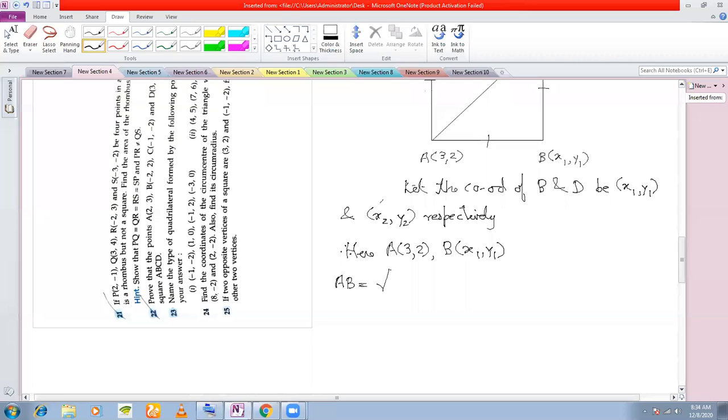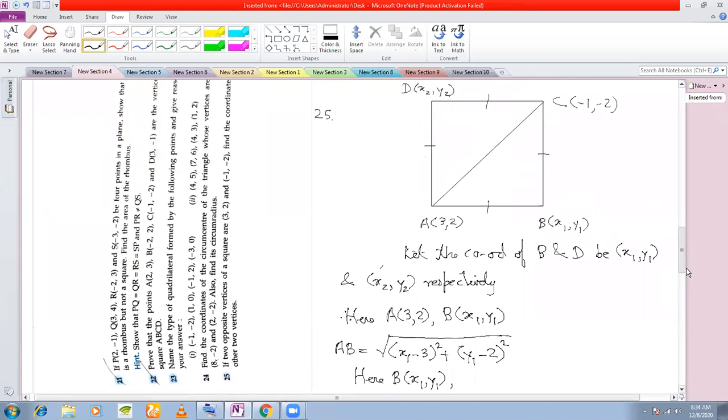Distance AB here is root over of x1 minus 3 square plus y1 minus 2 square. This is distance AB. Now we calculate the distance BC. Write down the coordinates. B is x1 y1 and C is minus 1 minus 2.